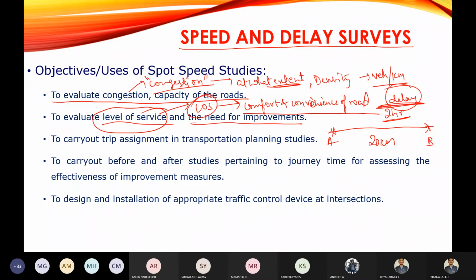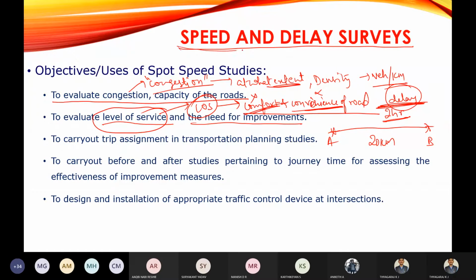If the delay is there, you will not have any comfort and convenience in moving from A to B. So remember, because of the damaged condition of the road, the delay will be there. If you are spending extra time and wasting your time, it will reduce the comfort and convenience.